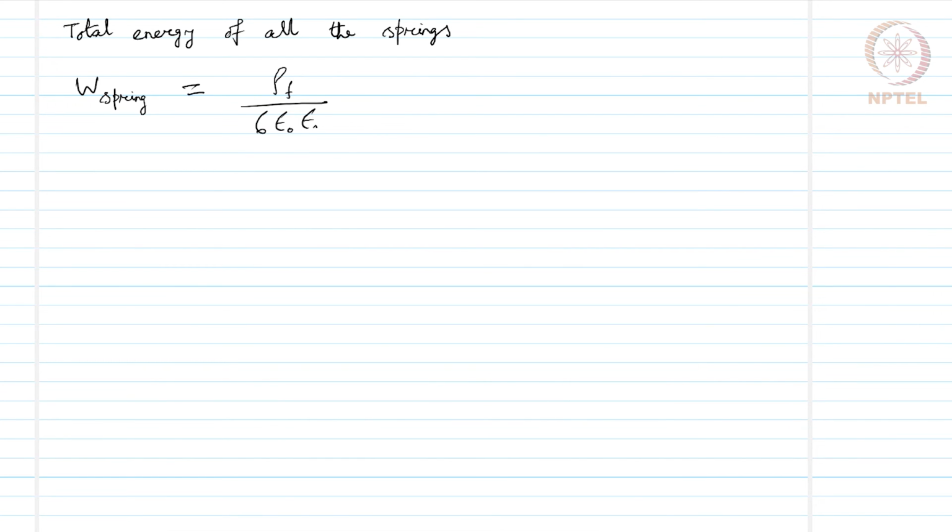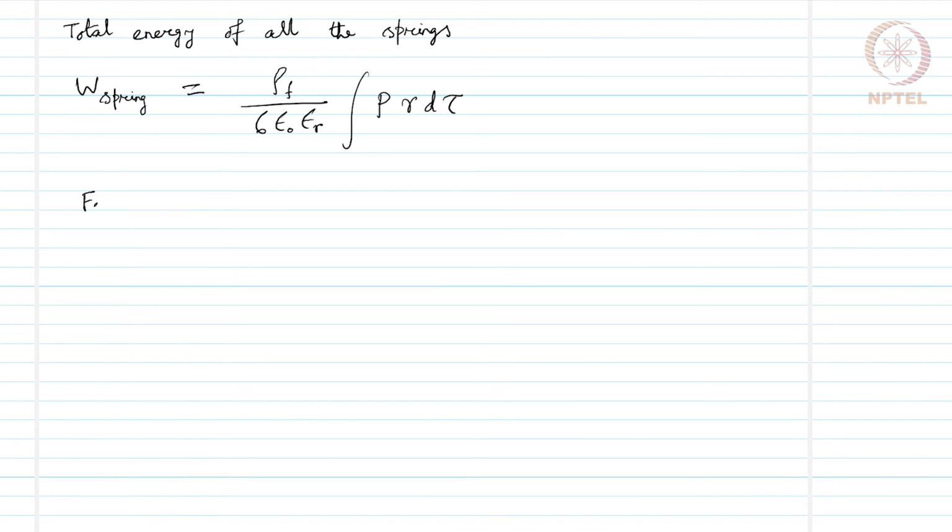So, the total energy in the material coming from all the springs can be given as rho f over 6 epsilon naught epsilon r, integration P r d tau.